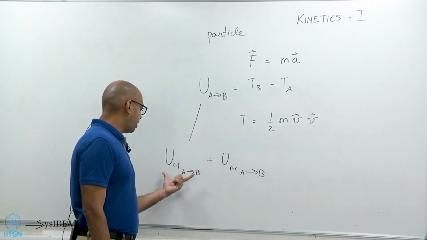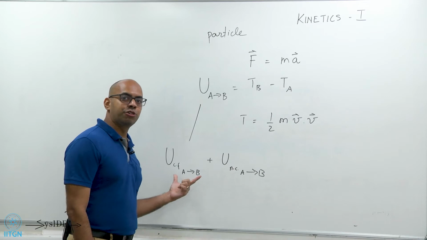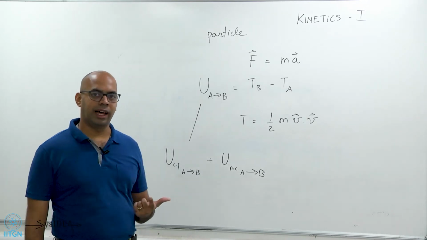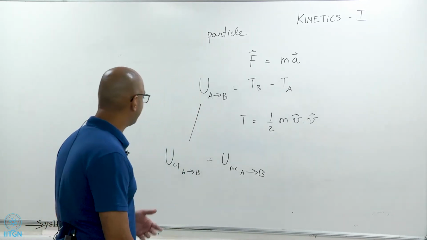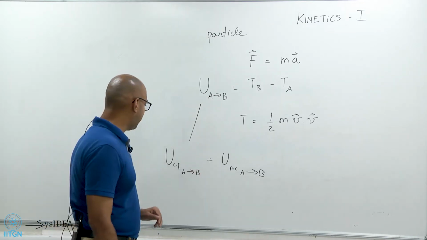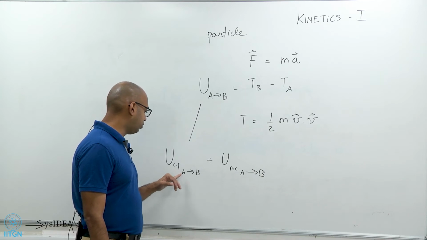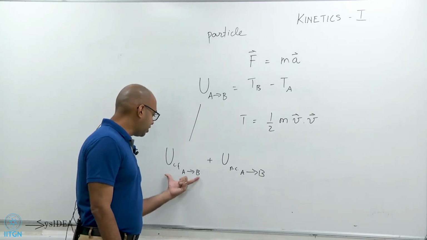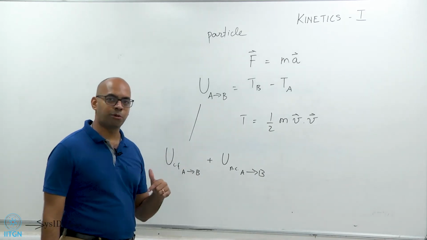So therefore, when you're talking about work done by conservative forces, you can pre-package them, write them in standard expressions that you can use readily without having to worry about the path taken in going from A to B. And that is what typically you pre-package as potential energy.